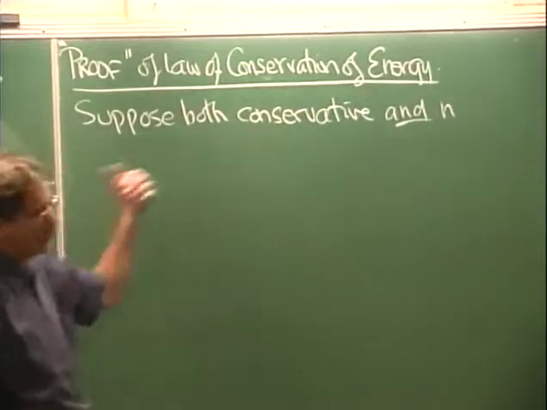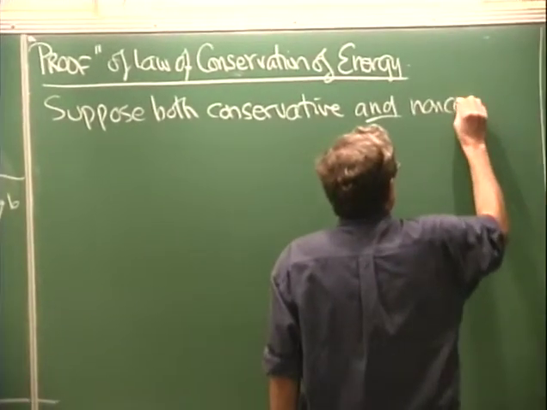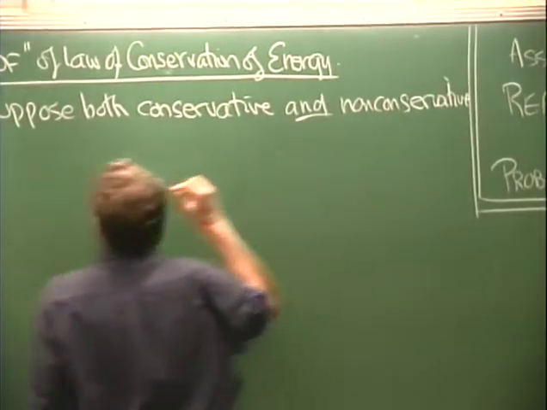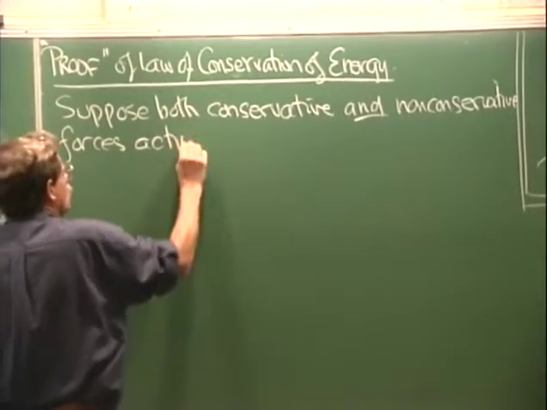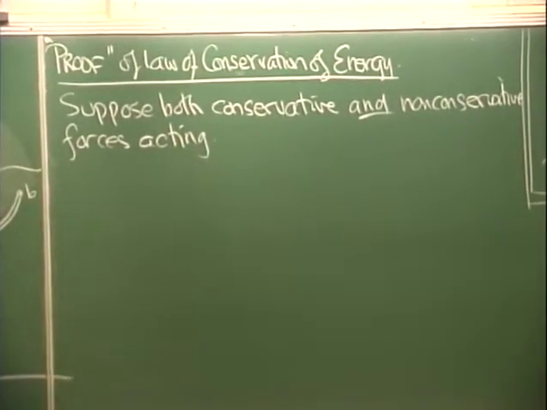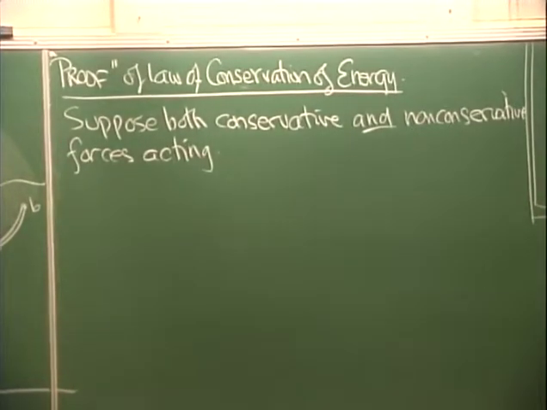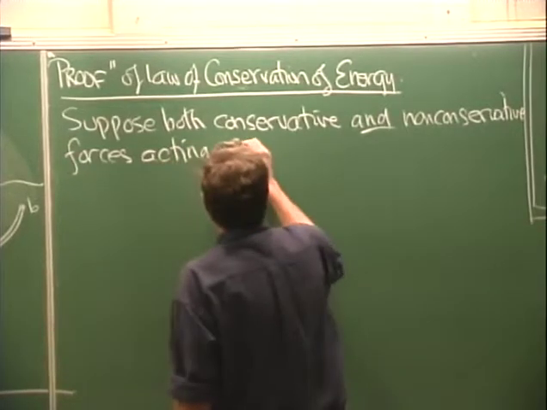So there's gravity and there's friction or something like that. I ask you the question, what's the total work done by all the forces acting as you move an object from point A to point B?